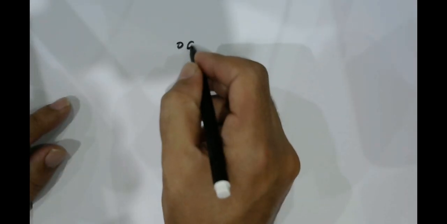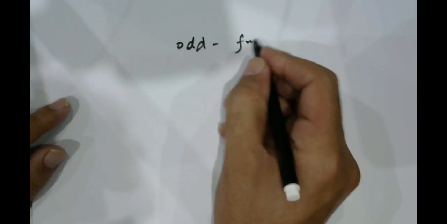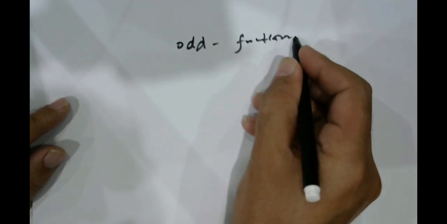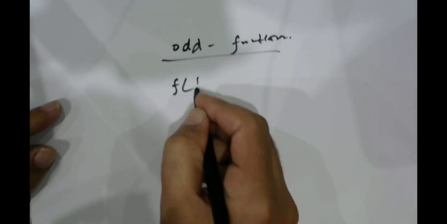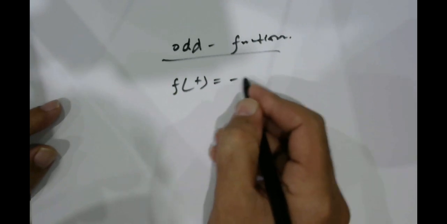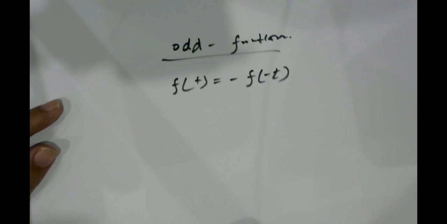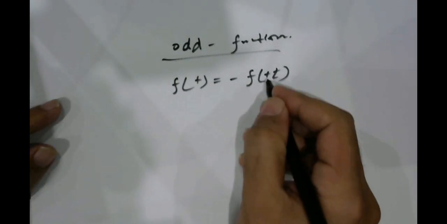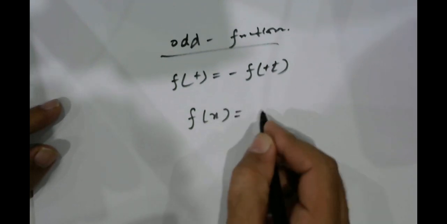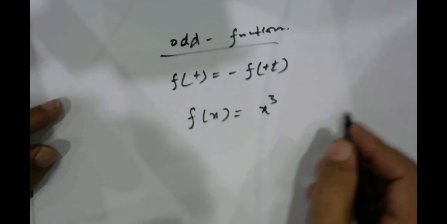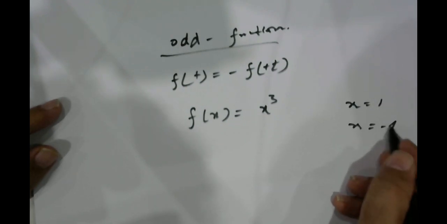So you are given an odd function. Take, for example, a function f of x equal to x cube, and you put x equal to 1 and then x equal to minus 1.